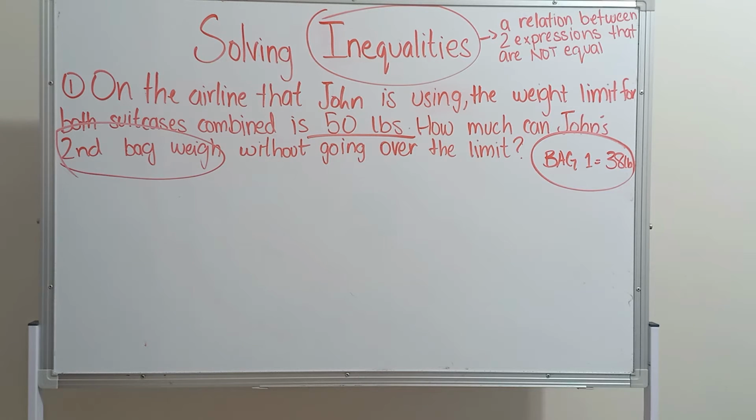We have to add the weight of the first bag to the weight of the second bag and make sure it is less than or equal to the weight limit, which is 50.